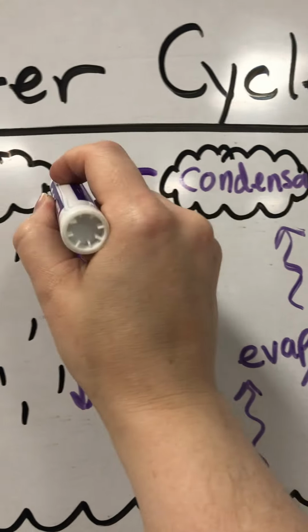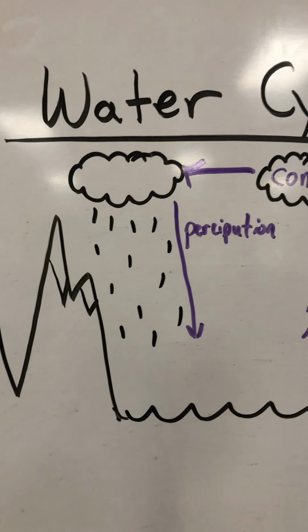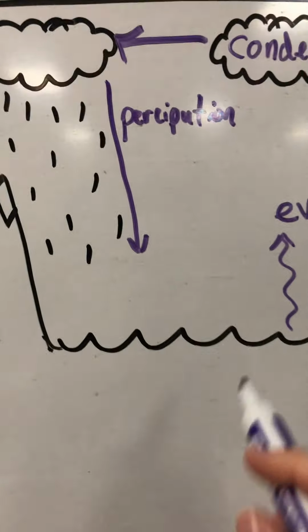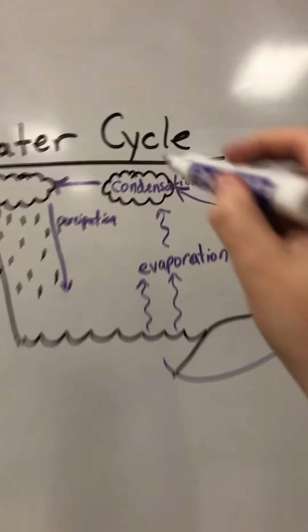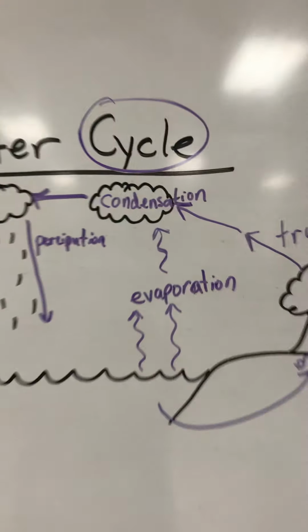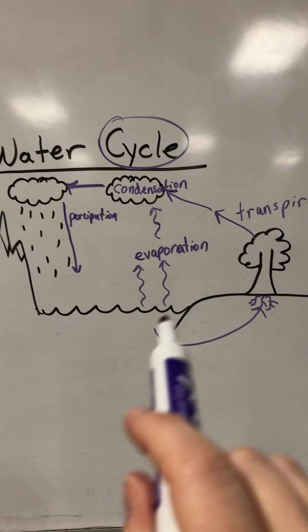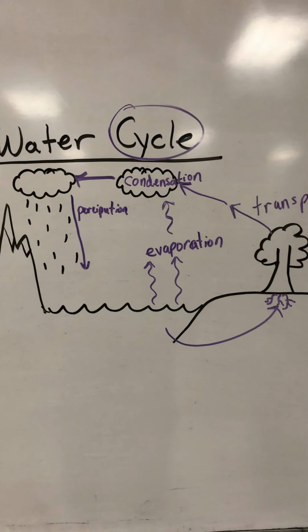Once the cloud condenses so much that it becomes heavy, then it's going to rain down again as precipitation. If we can see this whole picture, since it's called a water cycle, we should see that in our arrows, and I think we do. It just continues and continues, and that's why we call it a cycle.